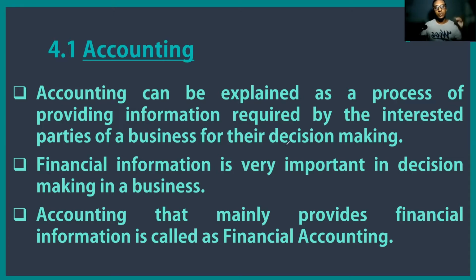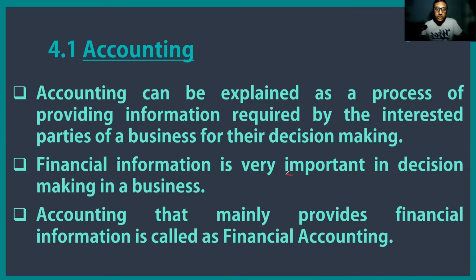One of the most fundamental objectives of accounting would be providing relevant information to the stakeholders of the business in order to take several decisions. These stakeholders would be owners, managers, and potential investors, like that.